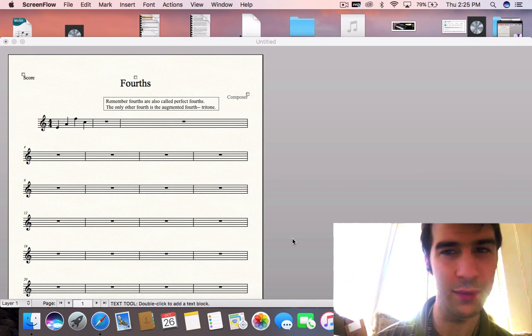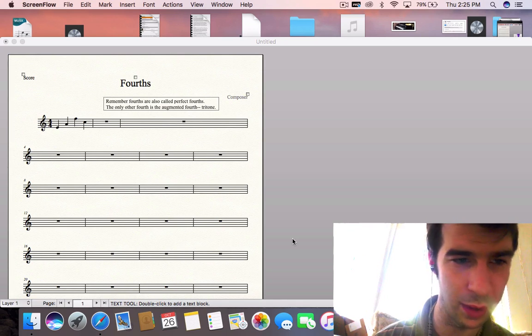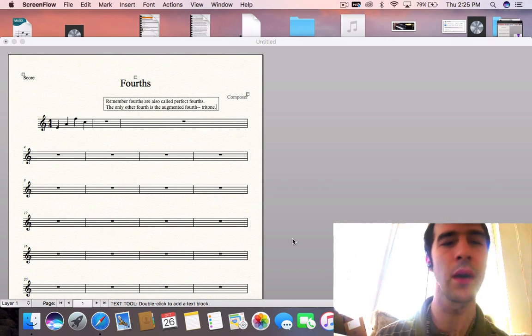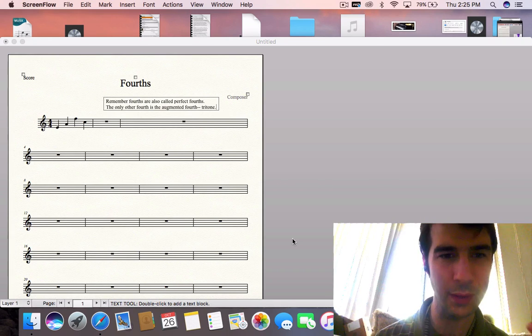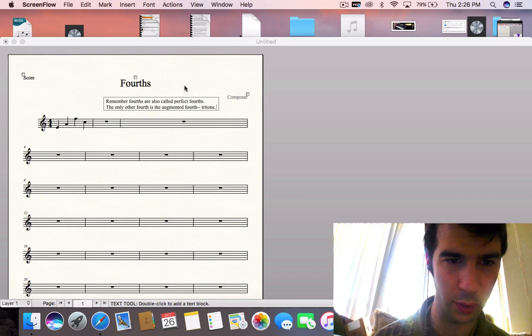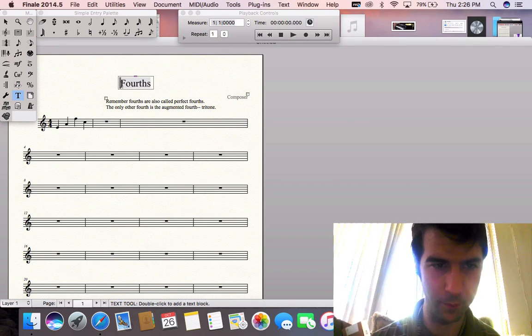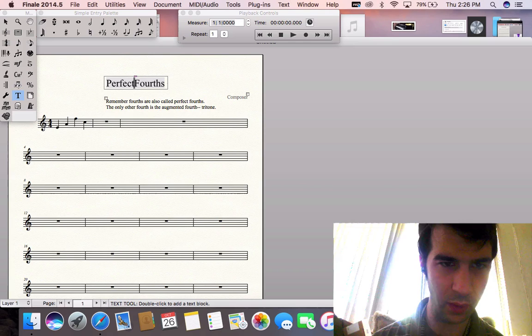So now that we have that short review and recap out of the way, let's go to fourths. Fourths, on the other hand, are not major or minor. There are only two types of fourths. The first one is the perfect fourth, or P4.